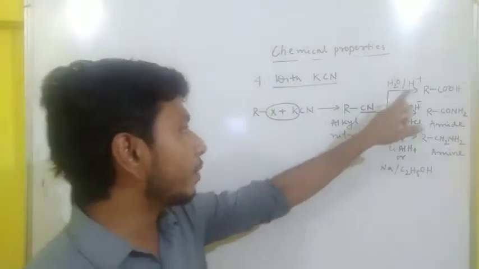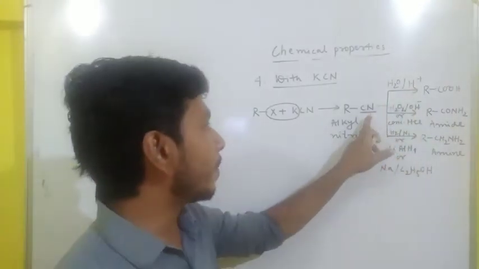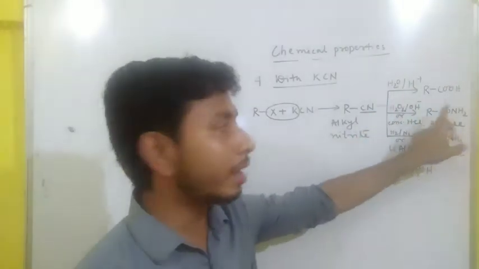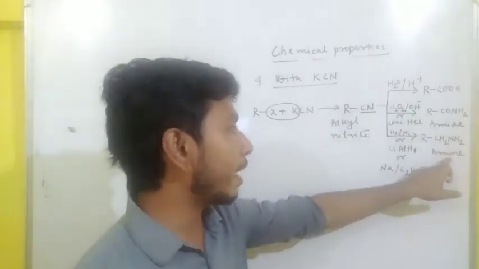So from cyanide we can produce the carboxylic acid, the amide, and the amine.